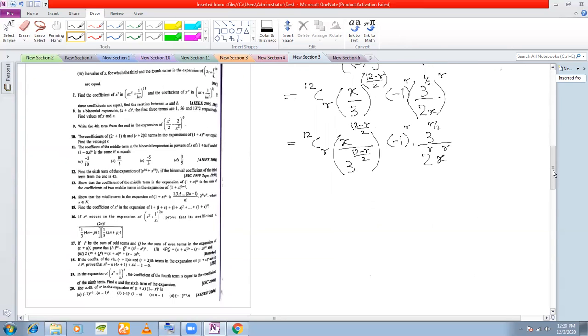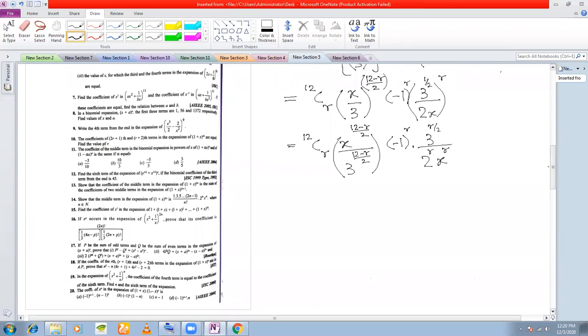Now what you do here is, because we need the power of the variable to be 0, you take all the numbers together, that is the constants together, and take the variables together. So minus 1 to the power of r is a constant. 12cr is also a constant. And 1 by 3 to the power of 12 minus r by 2 is also a constant, into 1 by 2 to the power of r is also a constant, into 3 to the power of r by 2 is also a constant.